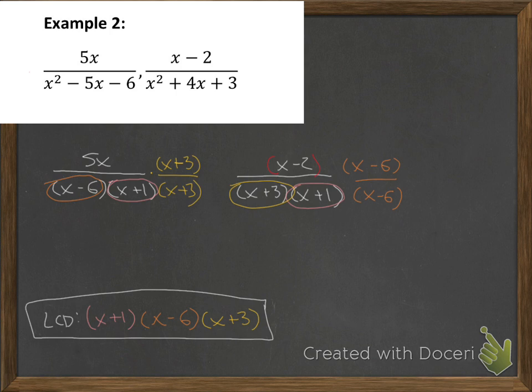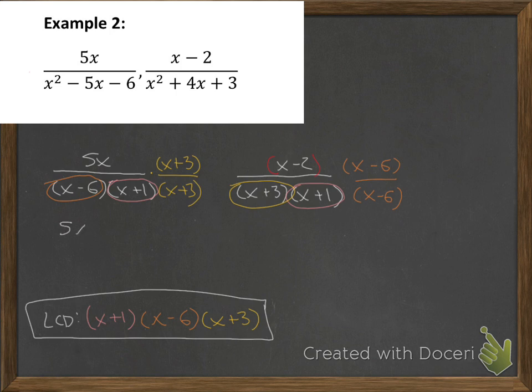Just looking at this, hopefully you can see that we have obtained our LCD. Each fraction now has all three terms: they both have an x minus 6, an x plus 1, and an x plus 3. Now what remains is to expand our numerators.